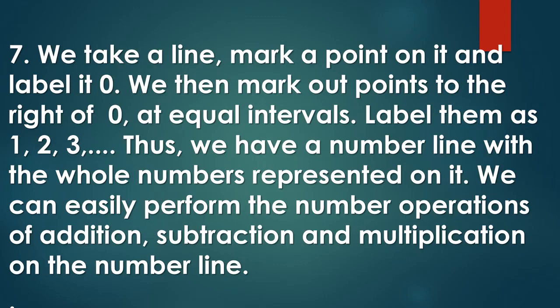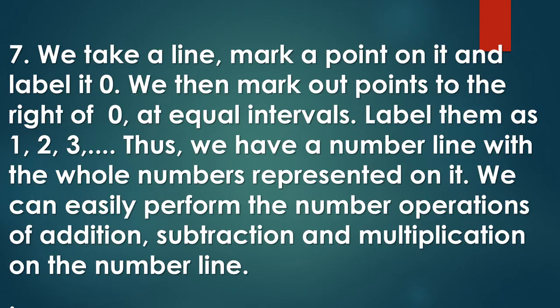We can easily perform the operations of addition, subtraction and multiplication on the number line. We will make one line, mark 0 at the starting point, then mark all the points at equal intervals, give them numbers 1, 2, 3, 4 and so on. Then whatever addition or subtraction you have to do, you can do it on that number line easily.